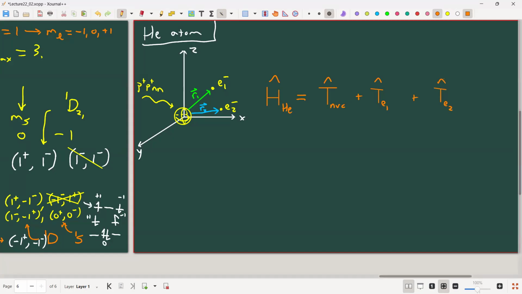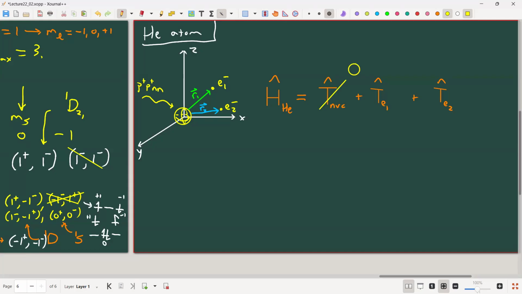Those are our three kinetic energies. We can neglect the nuclear kinetic energy because we're doing motion relative to the nucleus. Remember, our nucleus is a fat elephant with a bunch of flies. We can treat the kinetic energy of the nucleus to be 0. We don't have to worry about it so much, at least in this case.